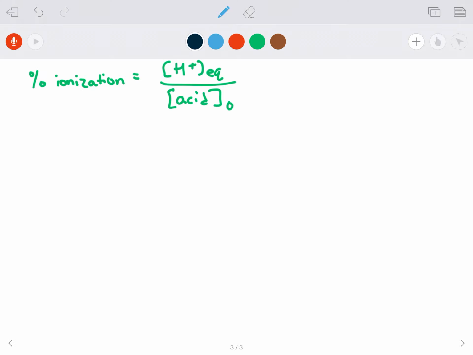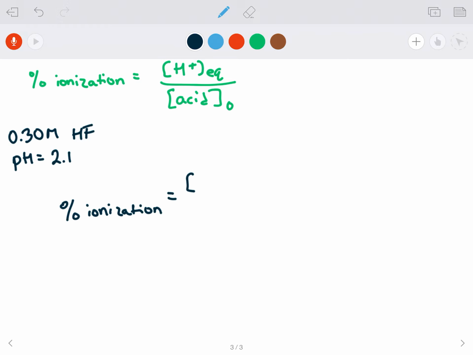So in this example, let's say I have a 0.30 molar solution of HF, and the pH is equal to 2.1. So I have to calculate the percent ionization. So my percent ionization is going to equal, right, the concentration of H plus at equilibrium over the initial concentration of HF.